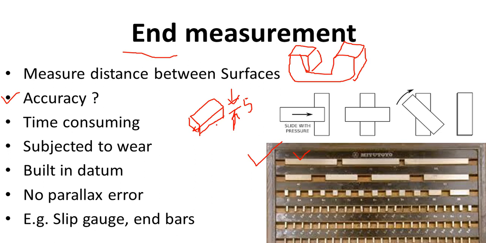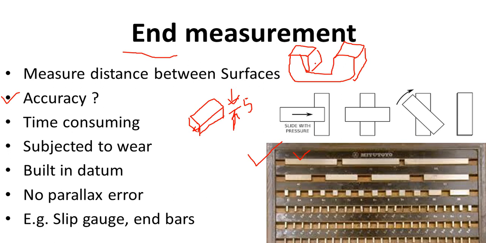So what I will be doing is taking a number of slip gauges, making some slip gauge block, and trying to insert it in between this slot. Whenever I feel the gauge block is getting inserted with correct precision, then I will count the number of slip gauge dimensions in that block, and I'll comment on the distance between those two surfaces.